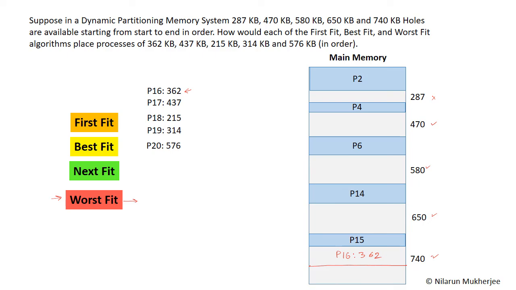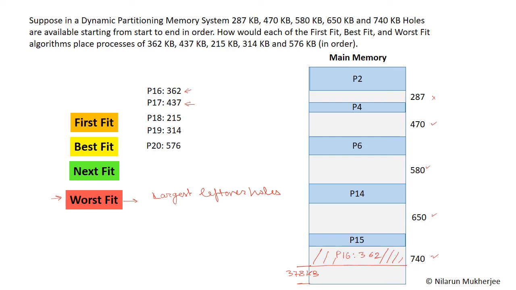So we'll create the largest leftover holes. So P16 will come here, and so the leftover will be 740 minus 362, 378 kb.